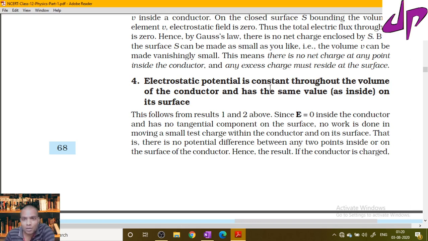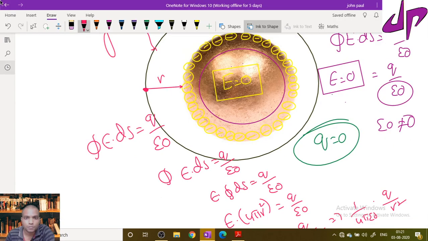Electrostatic potential is a constant throughout the volume of the conductor and has the same value on its surface. The fourth point is that electrostatic potential is a constant throughout the volume of the conductor and has the same value on its surface.